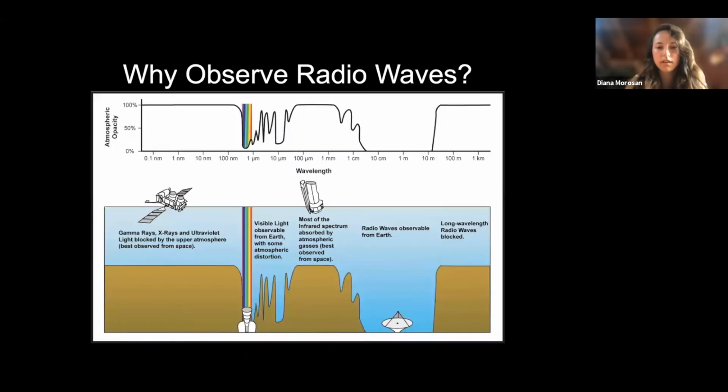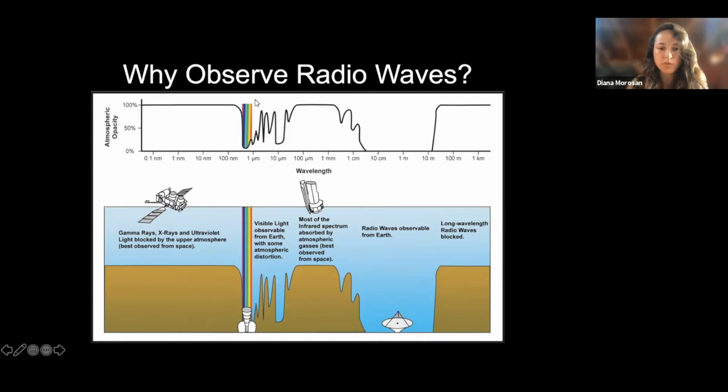And well, first of all, why would we bother to observe radio waves at all? Well, if we look at the electromagnetic spectrum that actually reaches the ground, we realize that's quite limited. Because of our atmosphere and ionosphere, a lot of the radiation gets absorbed, and the amount of electromagnetic radiation that comes in is limited.